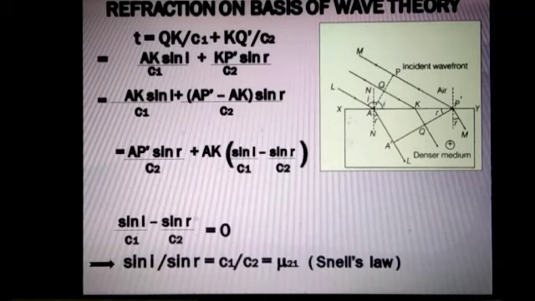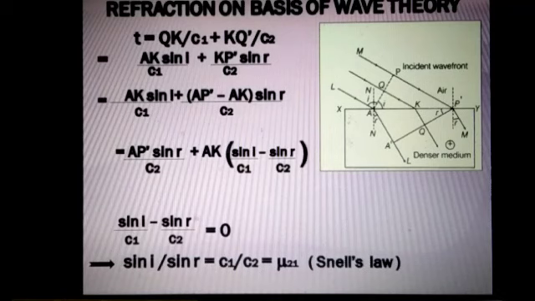Now, we will prove the laws of refraction on the basis of wave theory. As you can see in the figure, consider a plane wavefront AB incident on a surface XY separating medium 1 and 2, where 1 is air and 2 is the denser medium, at angle of incidence i as shown in the figure.